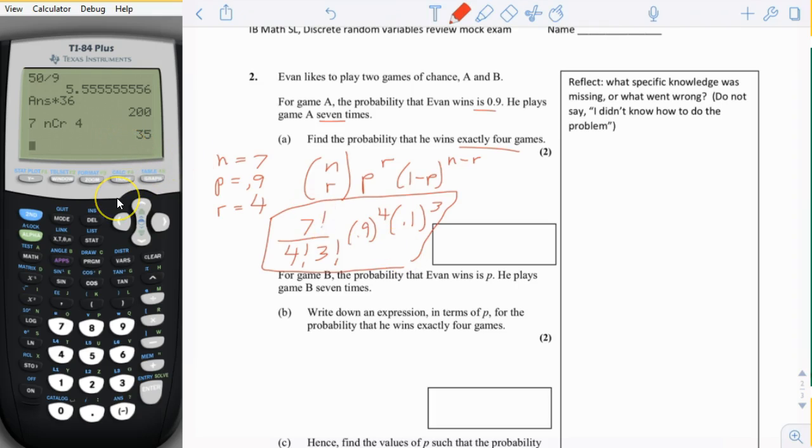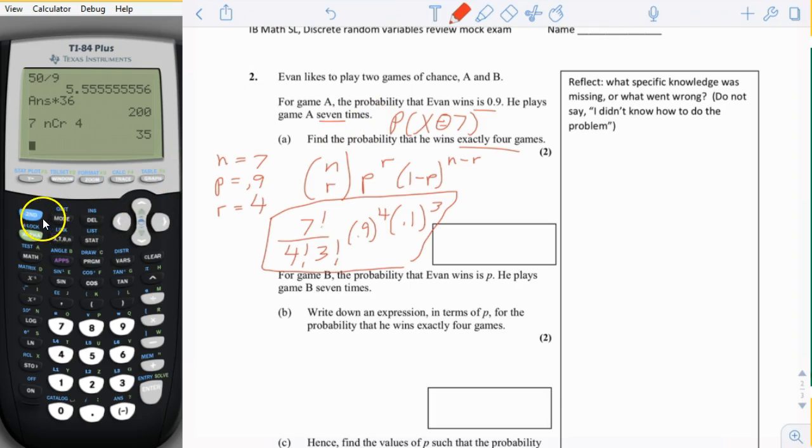The other way you do it with the calculator is you use the Binomial Pdf function. The reason why I use PDF is because we're looking for the probability that Evan wins exactly 4 times. And since this is an equal sign here and not an inequality, we can use Binomial Pdf.